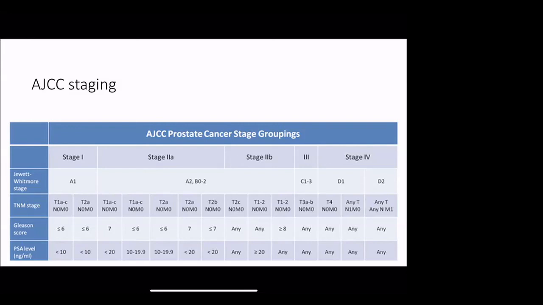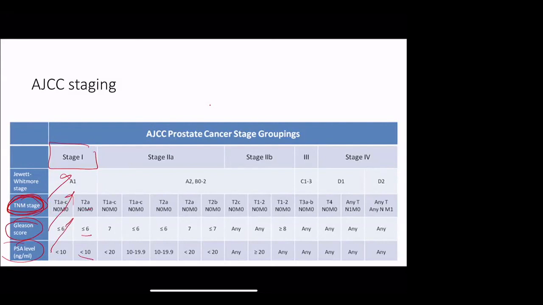like that. So this graph states how individual components of the TNM staging, Gleason score, PSA, give you this, depending on the different combination. TNM is more of a physical thing.